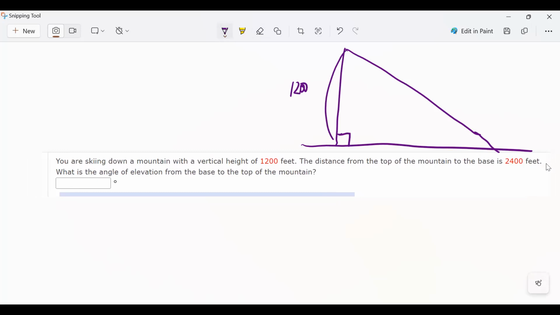And the distance from the top of the mountain to the base will be 2,400 feet. Now you want to find the angle of elevation from the base. This is the base, all the way to the mountain, right? So you're looking for this angle here, and this is the angle theta we're looking for.